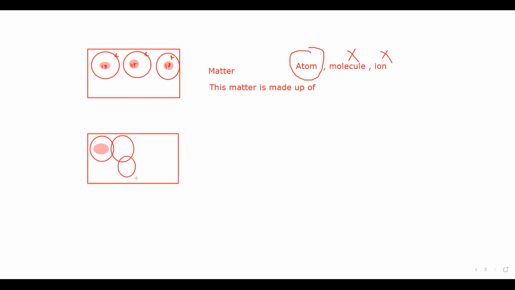In a molecule we may have two atoms, three atoms, it can be a different number, but they should join together. When they are joined together, that matter is made up of molecules.